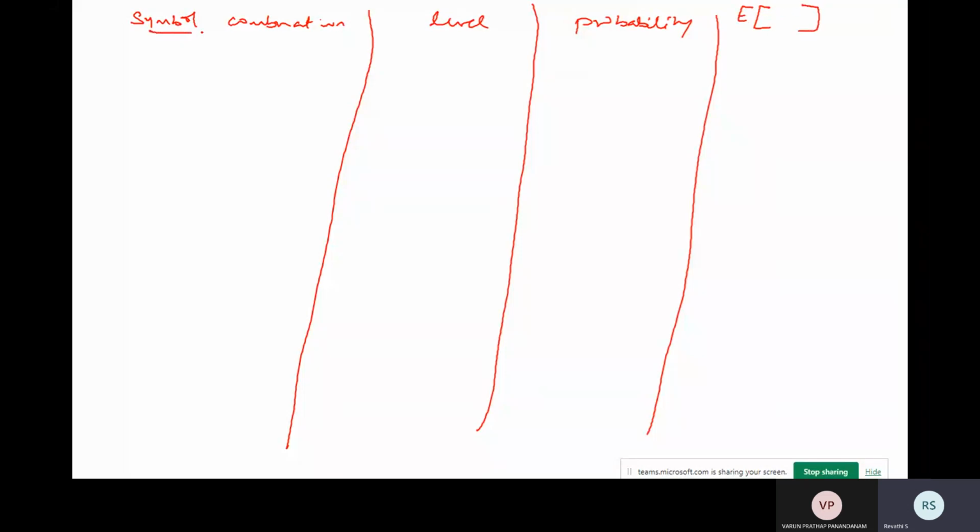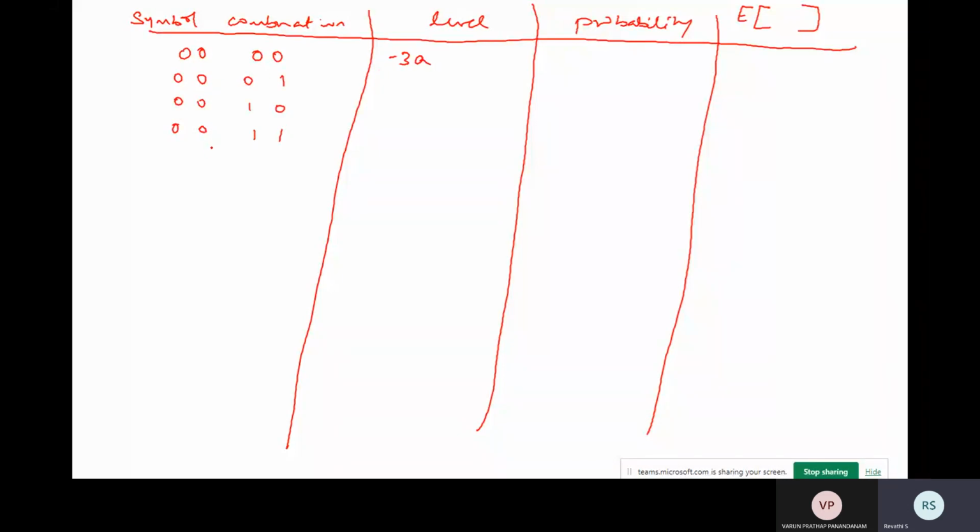Okay, so when we talk about the symbol combination, as I have told you, you may have 0 0 combined with 0 0 itself, or 0 0 with 0 1, 0 0 with 1 0, 0 0 with 1 1. So 0 0, that is minus 3a, is the level in the first duration. In all these 4 combinations, you can see minus 3a is in the first duration, and in the nth duration you have either 0 0, 0 1, 1 0, or 1 1.